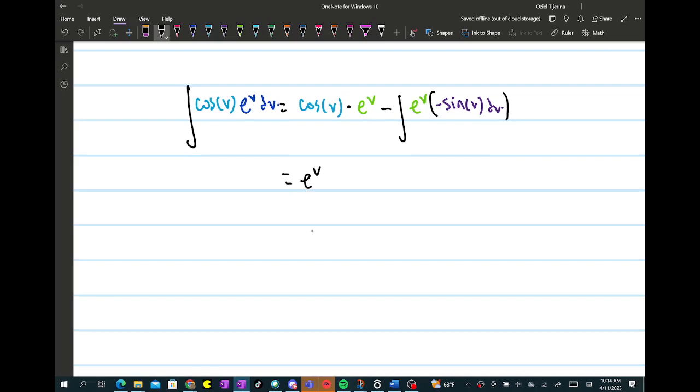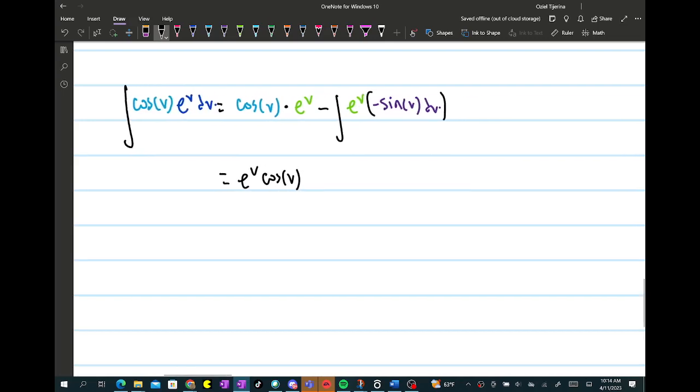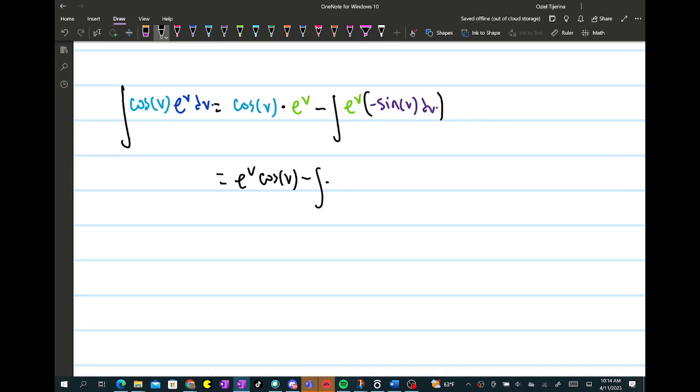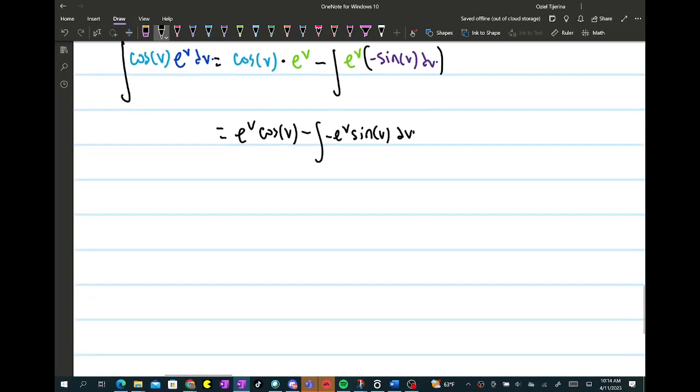It's e to the v cosine of v minus the integral of negative e to the v sine of v dv. So then the negative cancels out again.